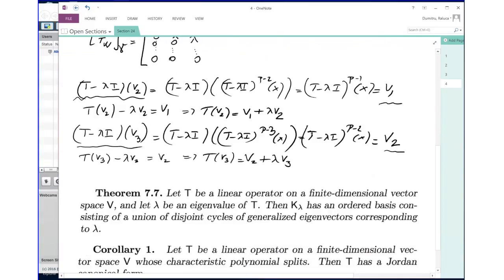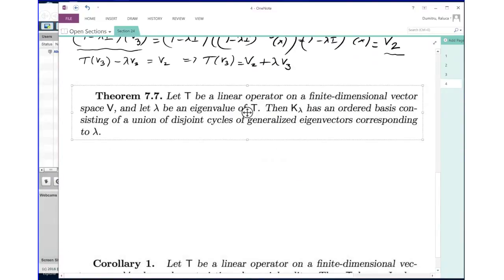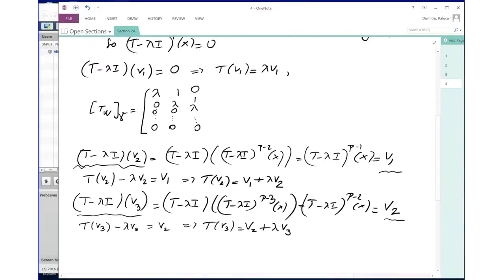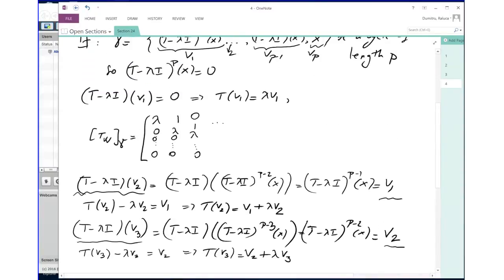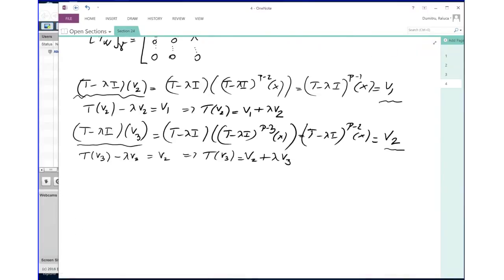Let's look at the very last column. The very last is given by T of the last vector, right? T of Vp. So I'm going to look at T minus lambda identity of Vp. Vp is just x.